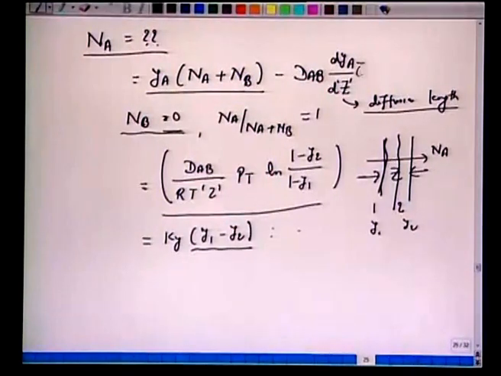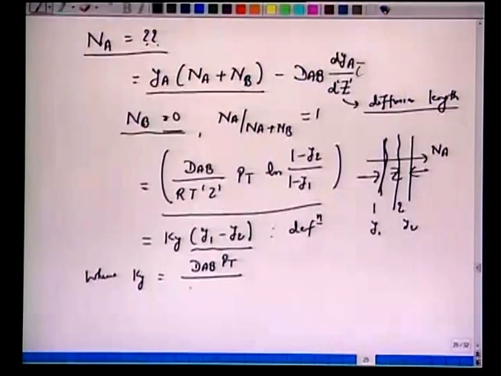This is where we defined the mass transfer coefficient in our earlier class, where Ky equals DAB PT over RT Z ln of (1 minus yi) over (1 minus y). Okay.